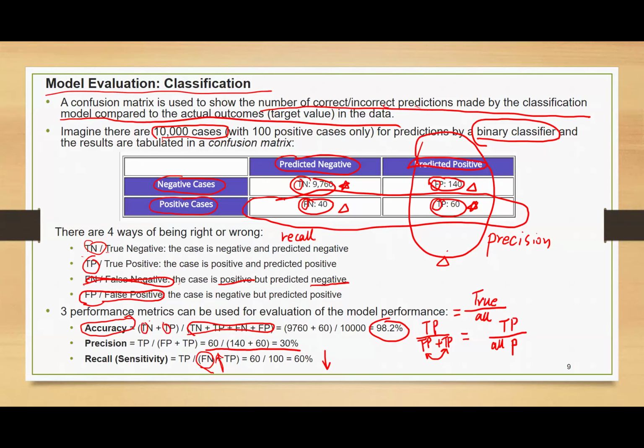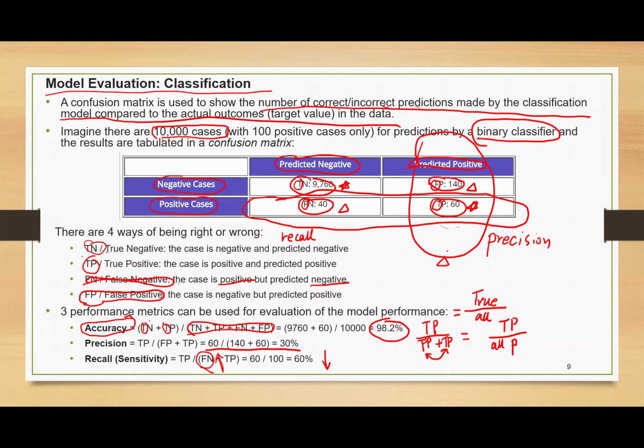And then for recall rate, it's like for all the positive cases. No, not true positive. So for all the originally positive cases, I mean, the real positive cases, how many samples you classified correctly over the whole number of positive cases.